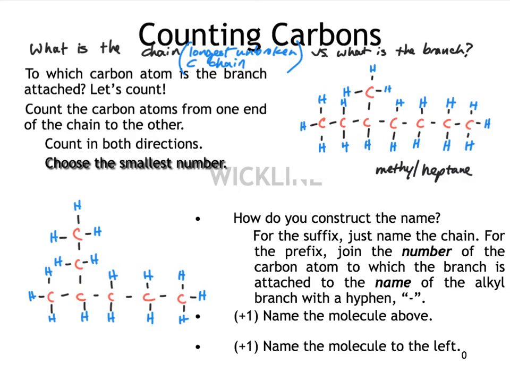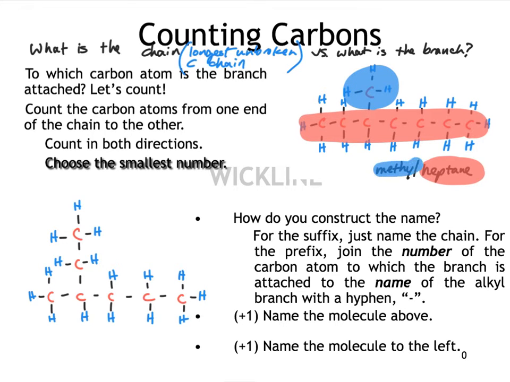And just to be really organized, I'm going to highlight the chain and highlight the part of the name that the chain refers to. And I'll also highlight the branch, and I'll put the part of the name that refers to that as well.